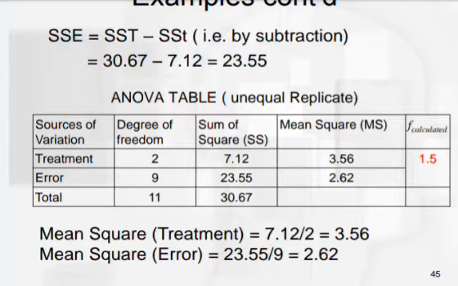Can you see, that's 7.12 over 2? The same thing for mean square error, that's sum of squares error over degrees of freedom error, that's 23.55 over 9. So that was why the answer you see there was gotten.